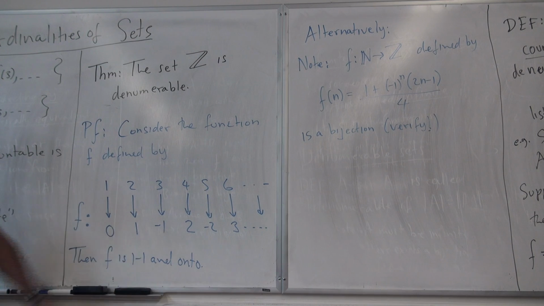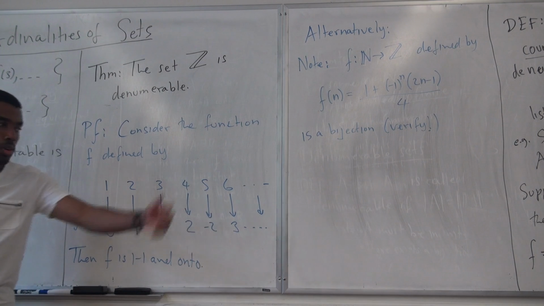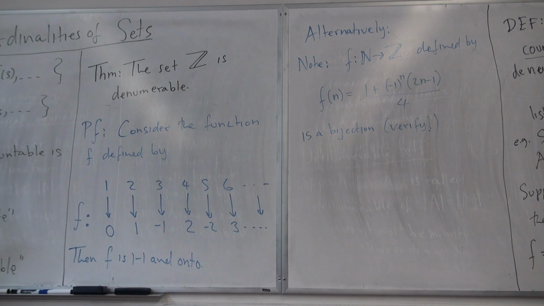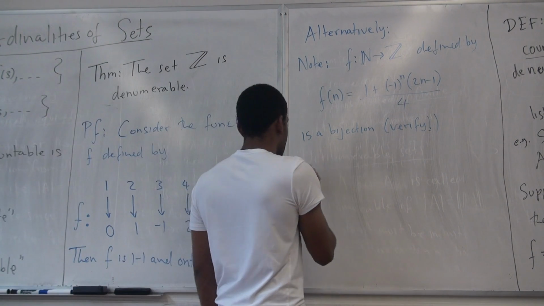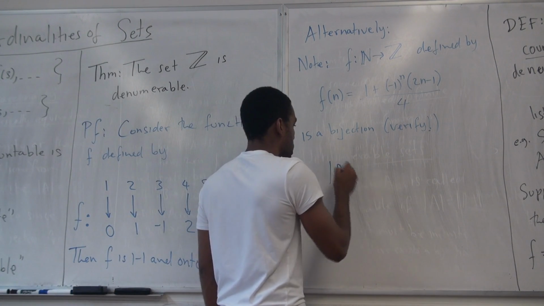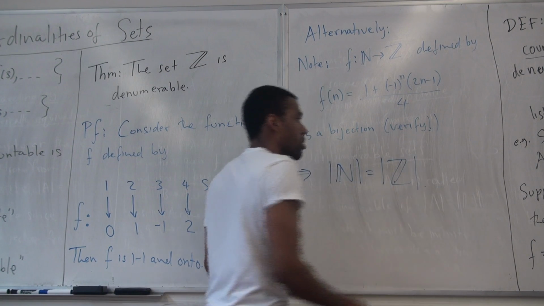I can list the elements of Z. This is my A1, A2, A3, A4, A5, A6, going on forever. And every element will appear in the second row exactly once. It's a one-to-one and onto function. So in conclusion, the size of N is actually the same as the size of the integers.